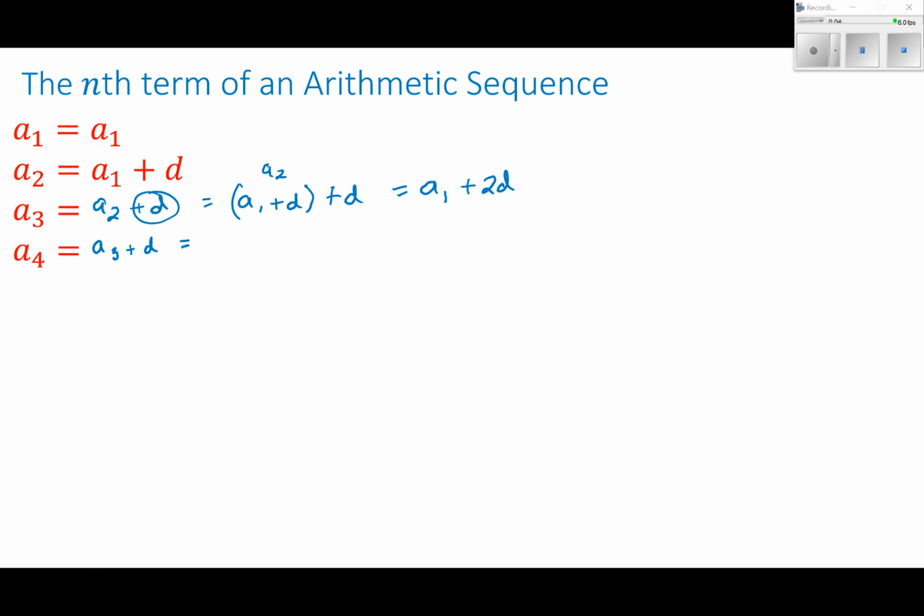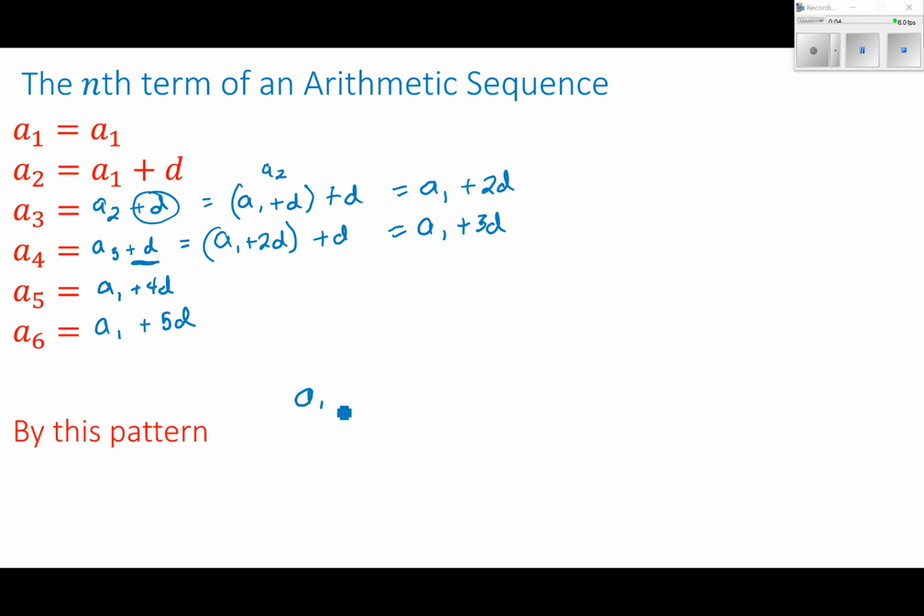And I know this a sub 3 is really a sub 1 plus 2d, plus d again to represent this plus d. So this is a sub 1 plus 3d. Now I can continue this on. So a sub 5 is going to be a sub 1 plus 4d, and then a sub 6 is a sub 1 plus 5d.